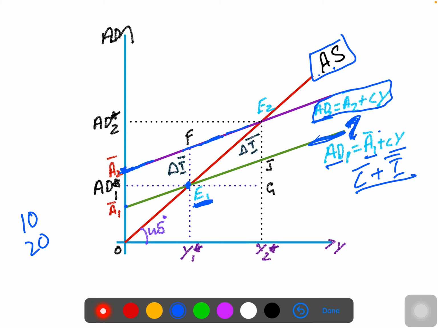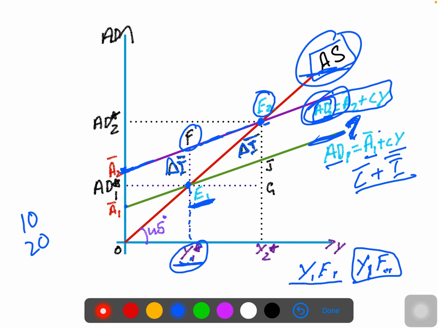Y1F is greater than Y1E1. So what increased is E1F; that is the change. What is the change from here to here? The new change is this.